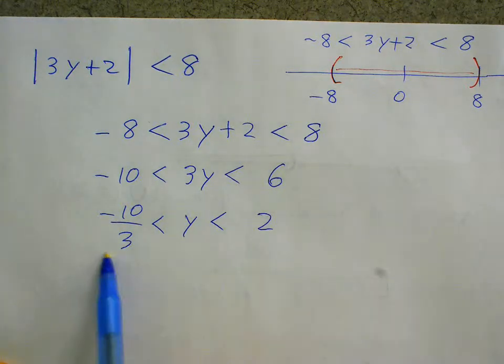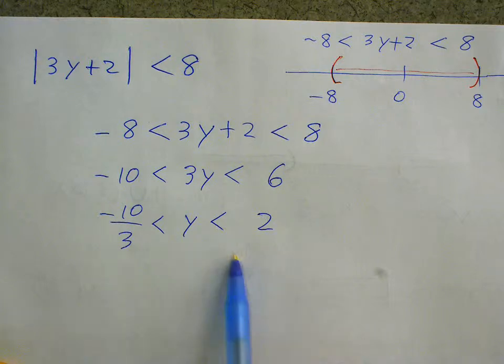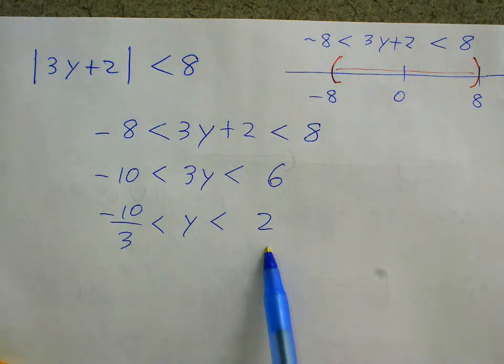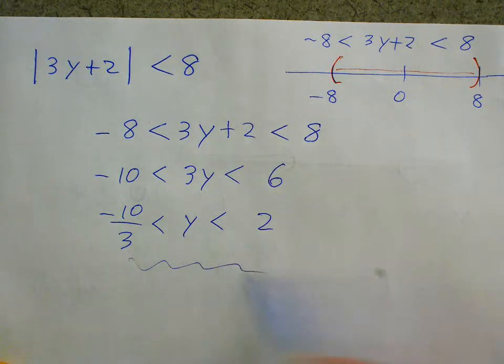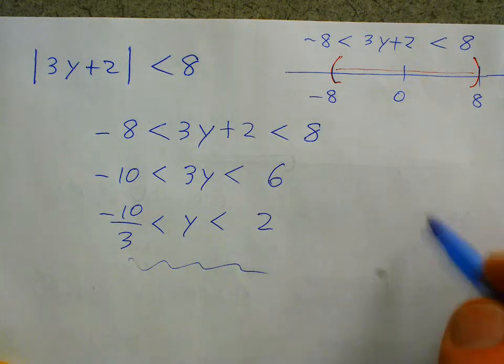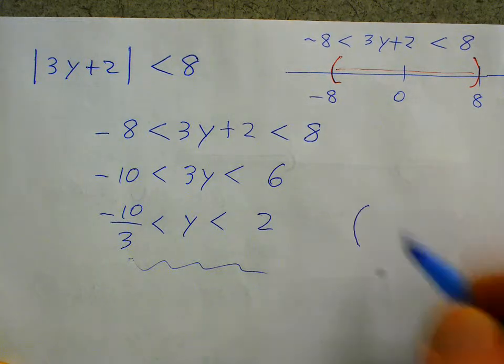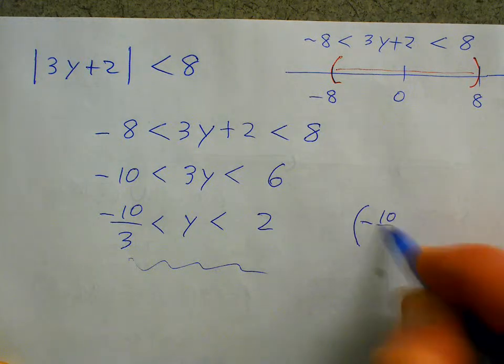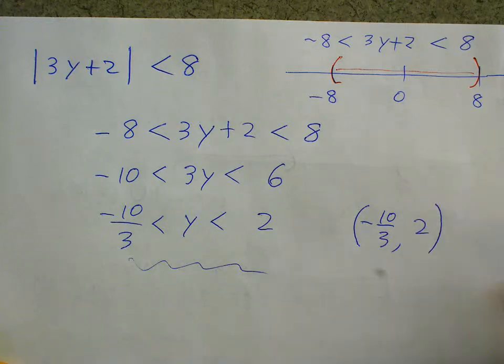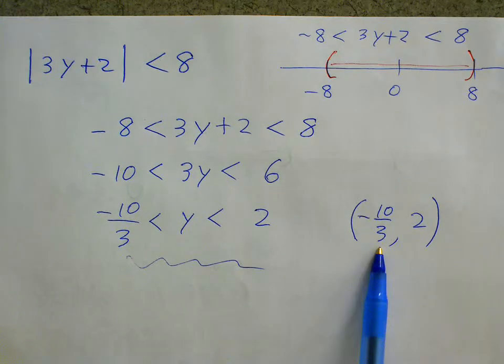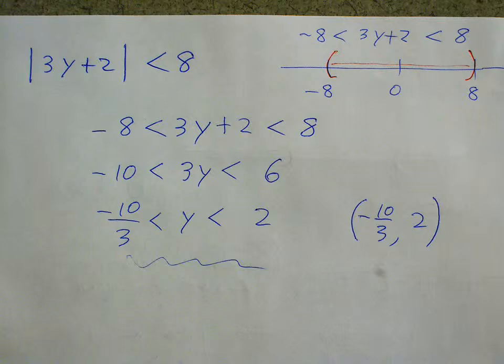We get the same result. Negative 10/3 is less than y, which is less than 2. This is the algebraic notation. And the interval notation, parenthesis, negative 10/3, comma 2, parenthesis. This is exactly the same answer we got using the other method called the test point method.